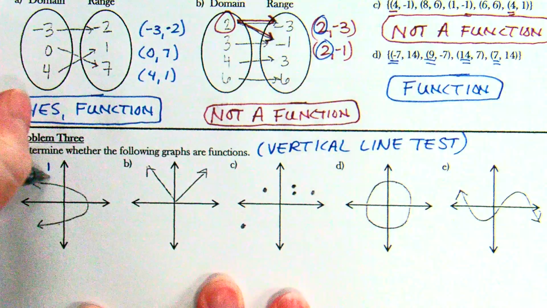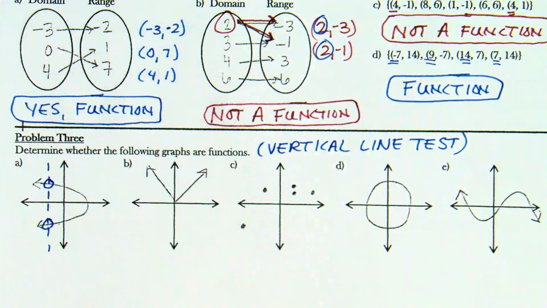I just picked a random spot and drew a line. What do you notice about the line I drew? Yeah, it's a vertical line, but it crossed my graph in 2 places. And there's other places you could draw a line and it crosses the graph in 2 places. As long as there's even one spot where you draw a line and it fails the vertical line test, the whole thing fails. So this is not a function.